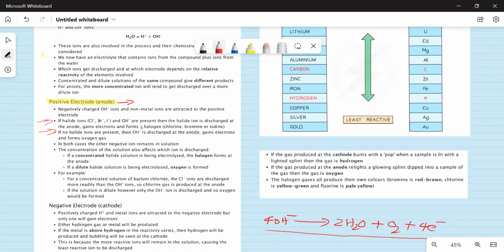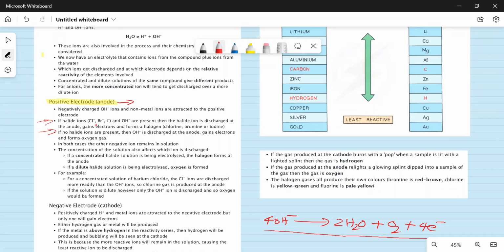It doesn't mean it gains electrons, it loses electrons, but from the anode, you are gaining some electrons.